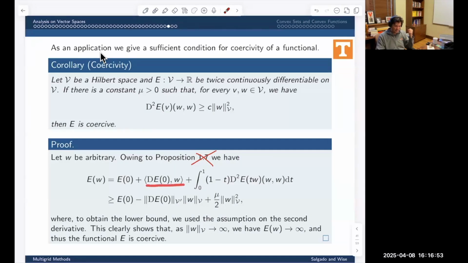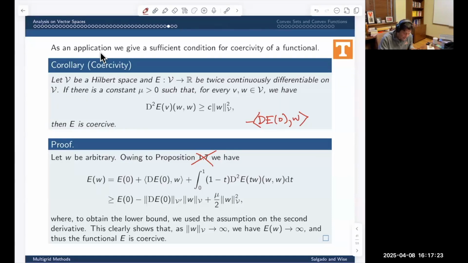Let's take this term here. It looks like we're applying Cauchy-Schwarz to this, but we're not actually applying Cauchy-Schwarz. We're just using the fact that this is a bounded linear operator. We're going to say that minus dE evaluated at 0 against W. So this is the duality pairing. And remember, duality pairing doesn't mean it's actually an inner product.